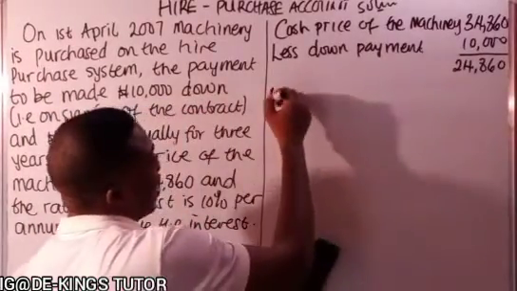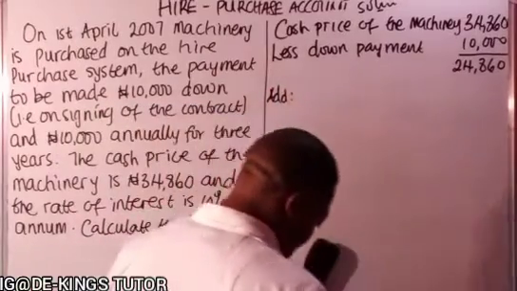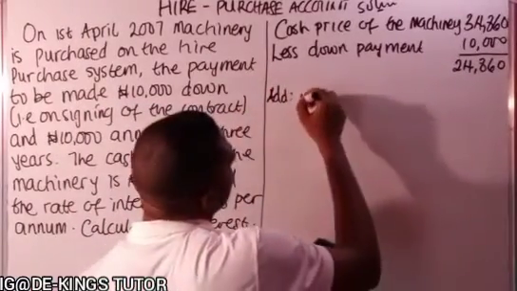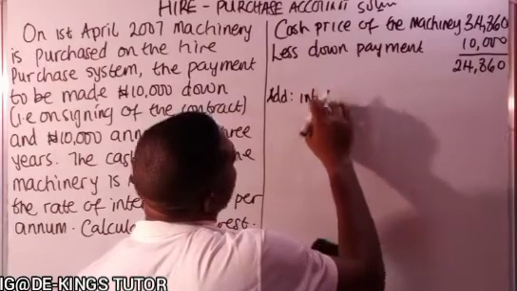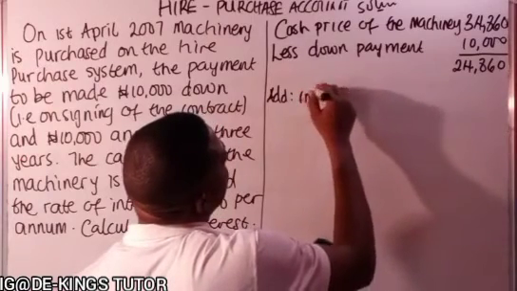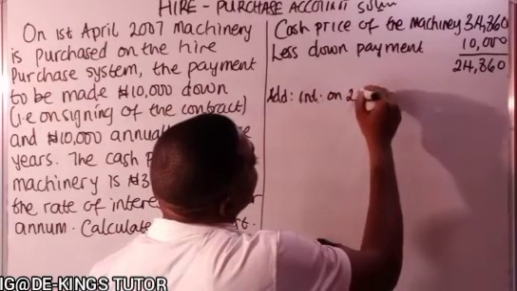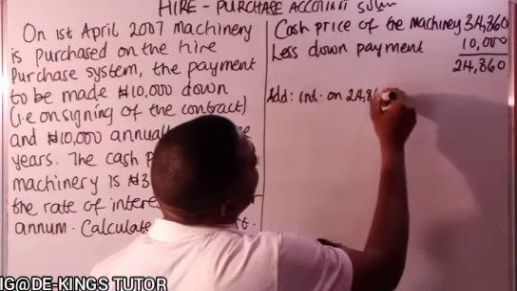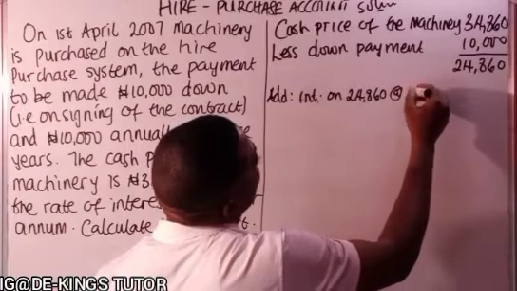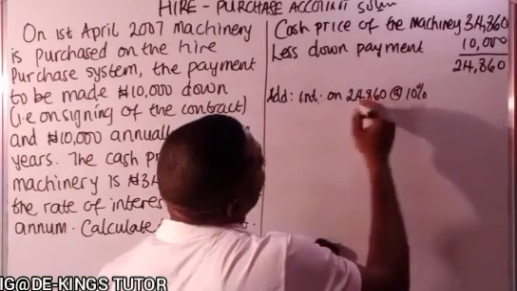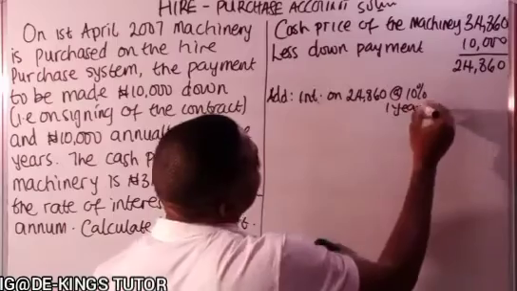So we add interest on 24,860 at 10% for the first year.